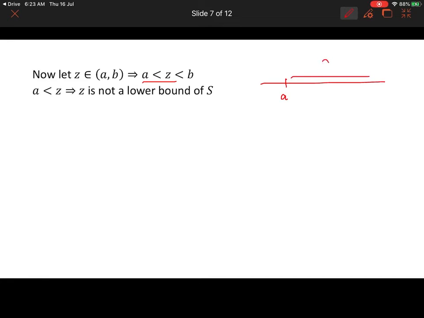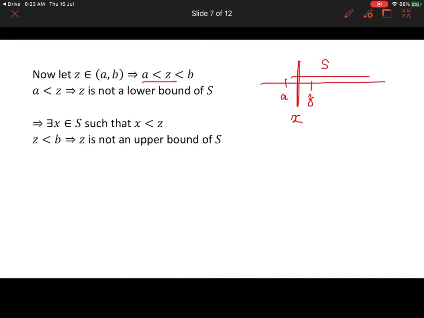A is the greatest lower bound of S. And here Z is greater than A. So Z is not a lower bound of S. Any lower bound of S will lie to the left of A. You take any lower bound of S, it will be less than A. Here Z is greater than A means Z is not a lower bound of S. If something is not a lower bound, then S contains some element here which is less than Z. So Z is not a lower bound of S implies there exists some X in S such that X is less than Z.